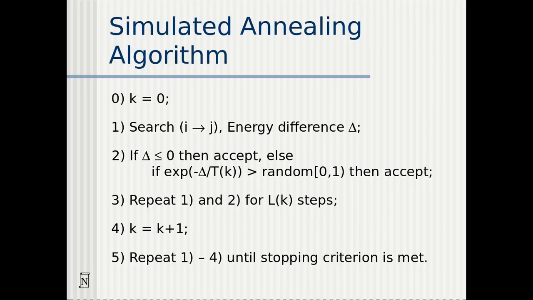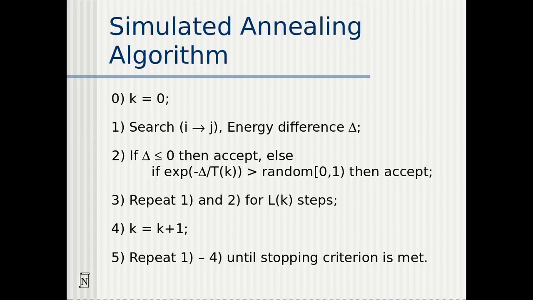So at each iteration we compute the energy difference from the new state to the present state. If the change is negative, that is, the energy of the current state is greater than the energy of the new state, then we accept it. Else we apply the random test.